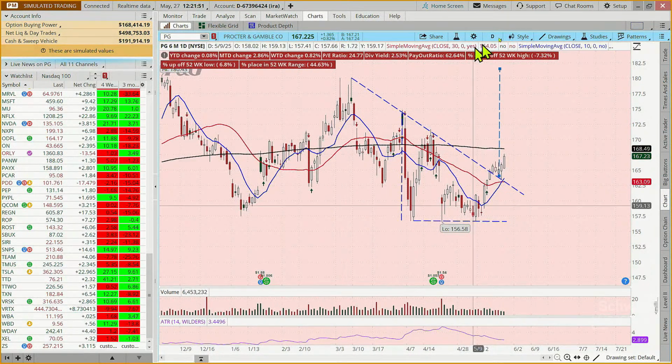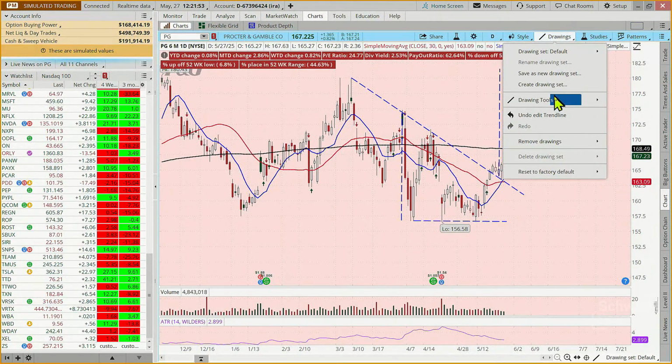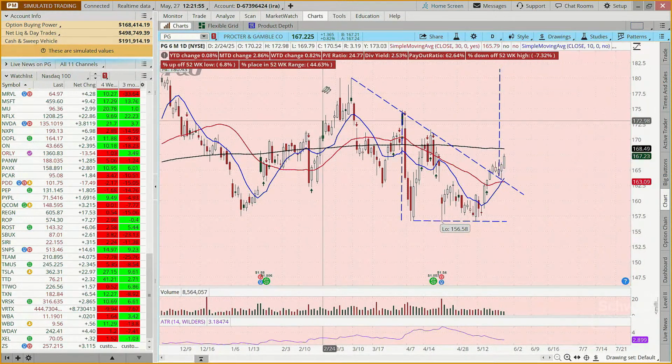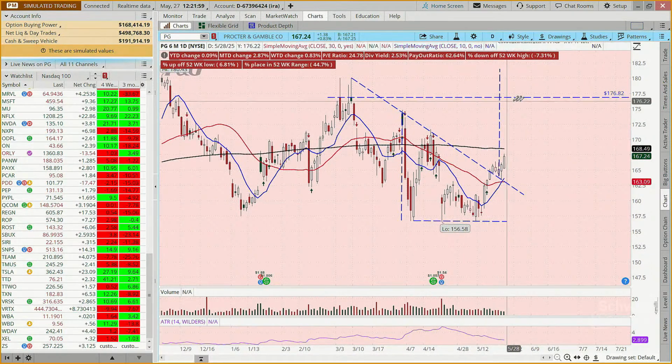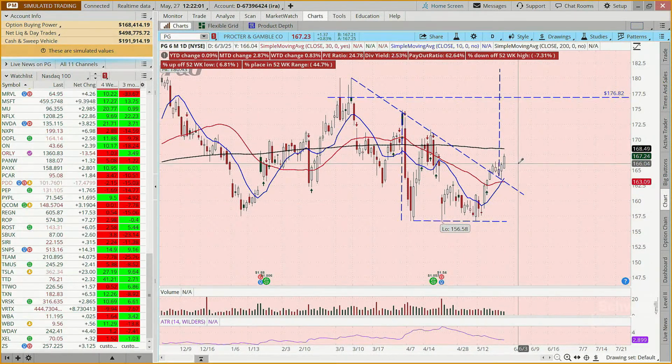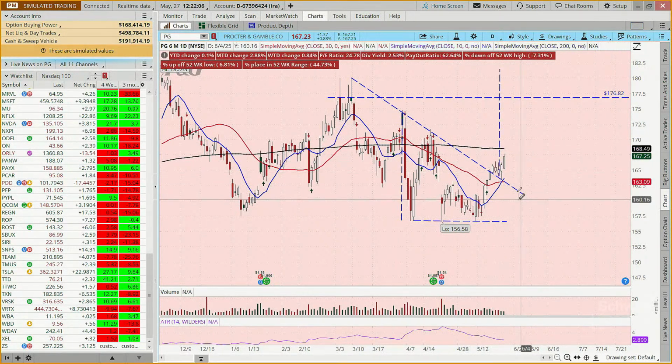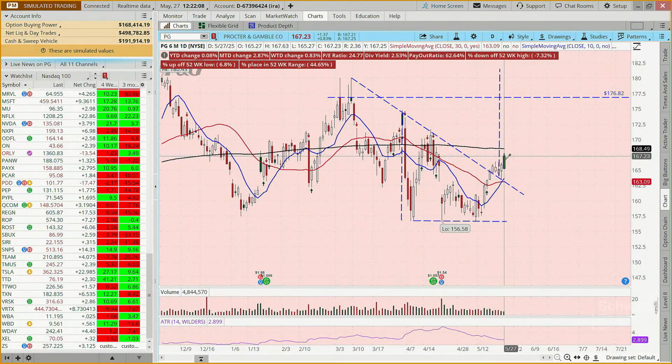Others might say, you know what, I'm going to look at this previous high from the body of the candle. So I'm going to put it here around this 176.82. And so if you wanted to do this as a trade, how might you trade it?